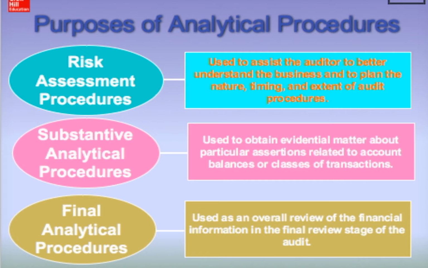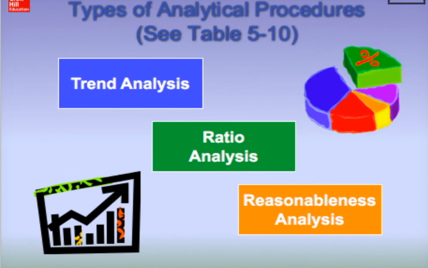And they're used as an overall review of the financial information of the overall entity in the final review stages of the audit. This is not an all-inclusive list of the analyses possible during the analytical procedures portion of the audit.